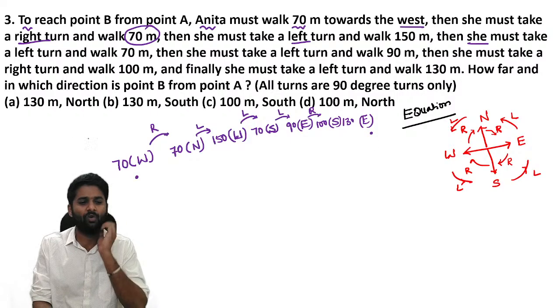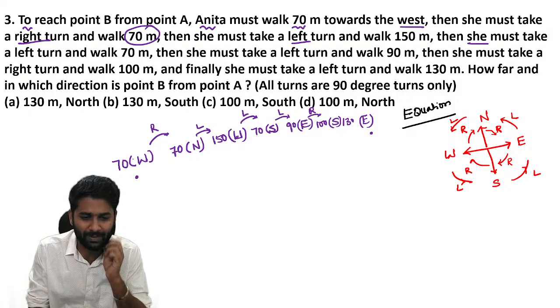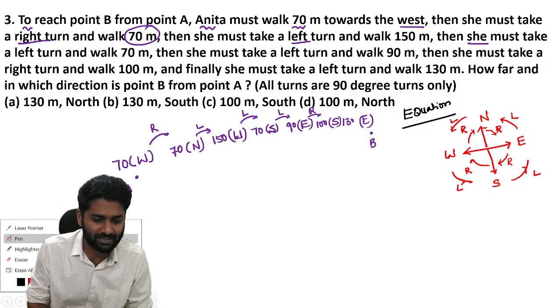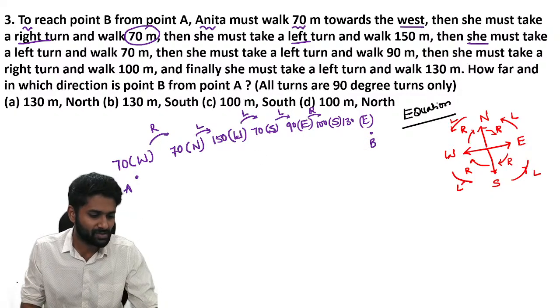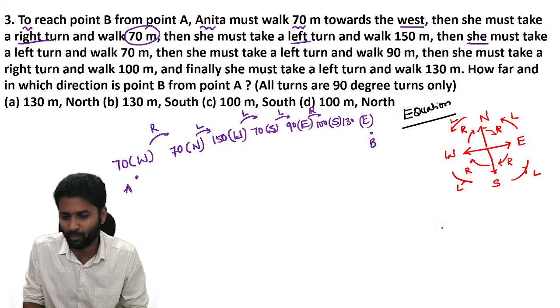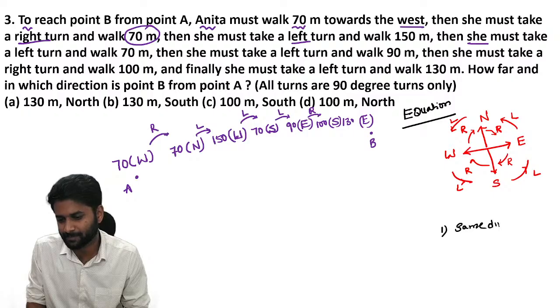Now the question: how far and in which direction is point B with respect to A? So you have to indicate the final point with respect to the starting point. If you want to solve using the equation method, guys, remember these points. Point number one, if you see the same direction, then the distance must be added.